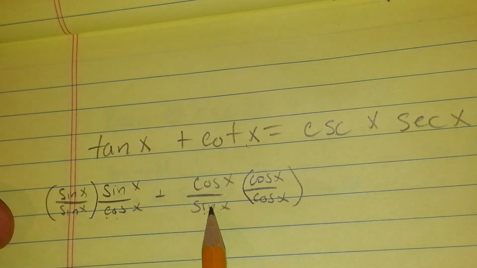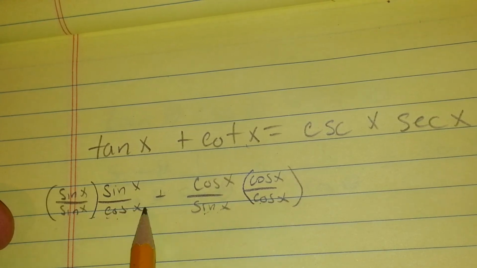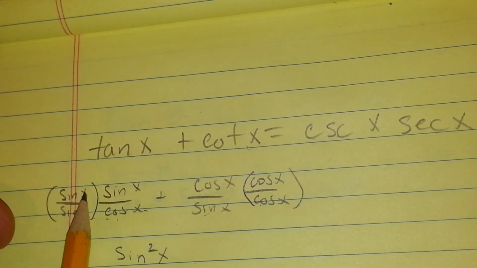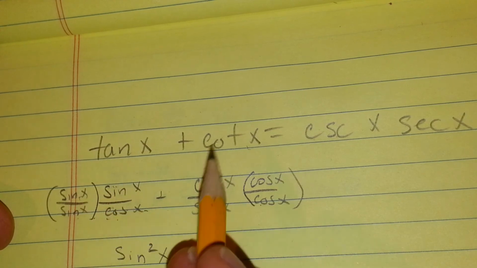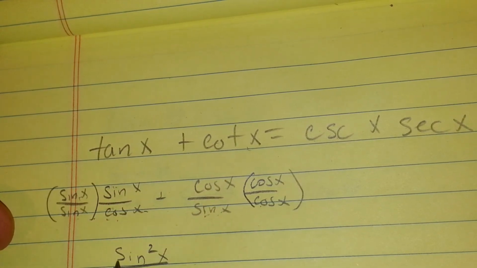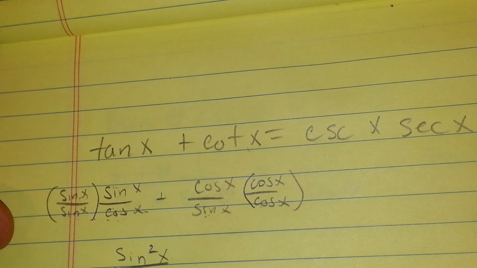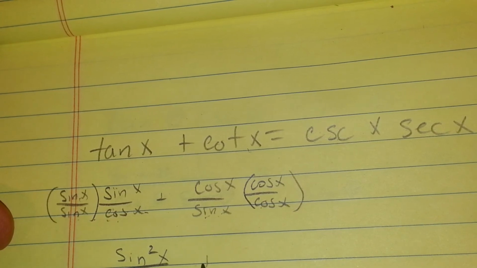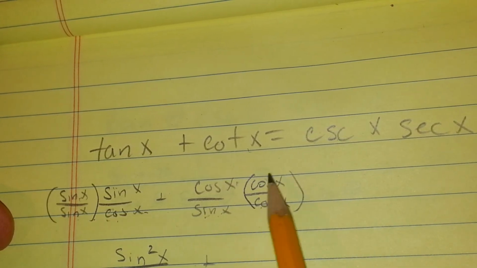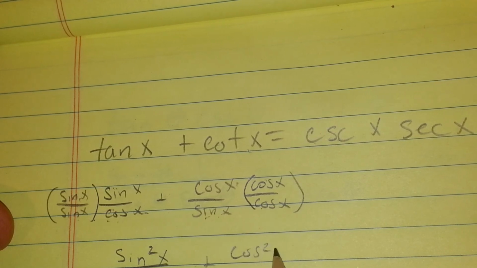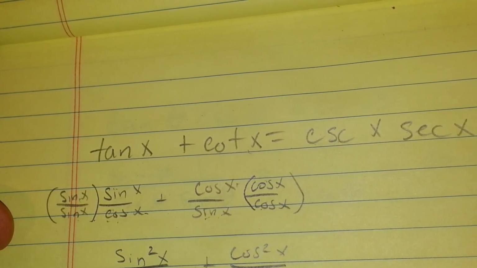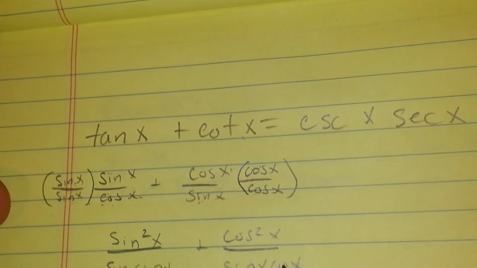So what's my common denominator? Sine times cosine. So I'm going to have sine x up top. I did the bottom, but I have to do the top too. Sine times sine is sine squared x over sine x cosine x, plus, over here, I have cosine squared x over sine x cosine x.